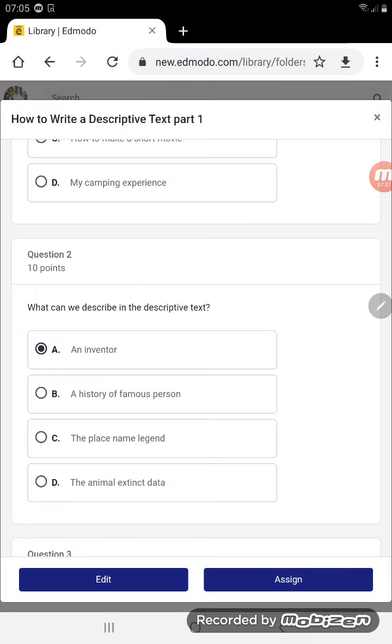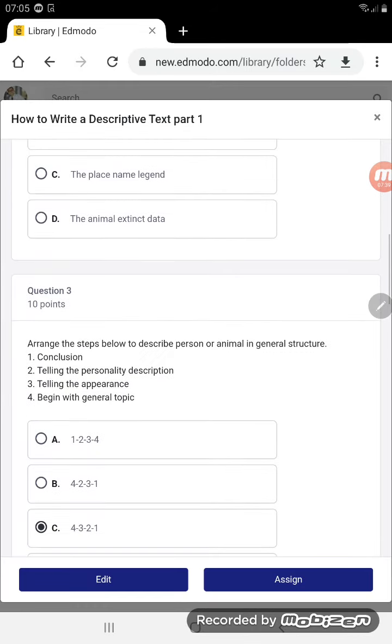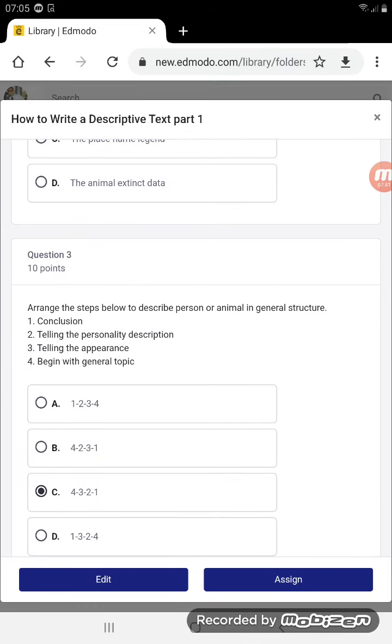Okay, number 3, 10 points. Arrange the steps below to describe a person or animal in general structure: conclusion, telling the personality description, telling the appearance, begin with the general topic.